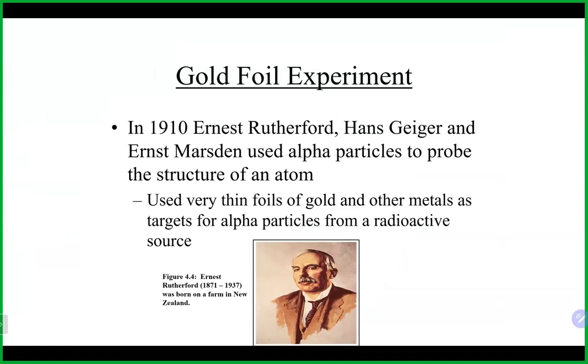The gold foil experiment was done by a guy named Rutherford, along with a guy named Geiger, like the Geiger counter you use for radioactivity, and a guy named Marsden, but most people just go with Rutherford. Rutherford used very thin pieces of gold foil, and he shot alpha particles at them. A reminder that alpha particles are positively charged radioactive particles, and he shot them at pieces of gold and other metals as well.